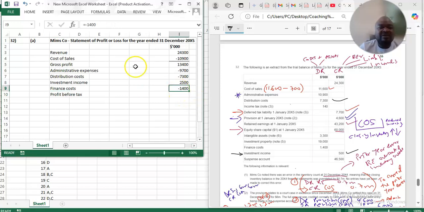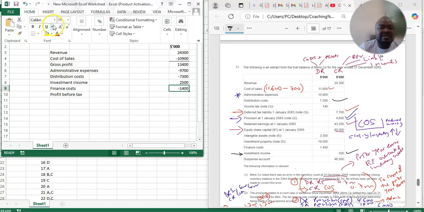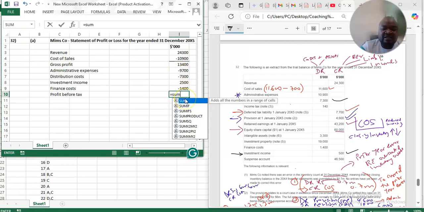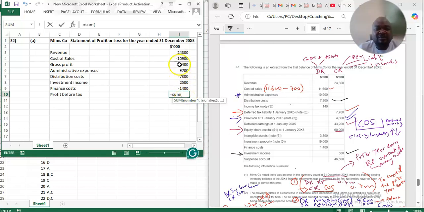Okay, before we do that, we can do a little bit of formatting. Good, and underlining makes your work look good to the examiners. So we're going to sum up everything from the gross profit up to the finance costs, and we get a negative 2.5. Okay, doesn't matter.